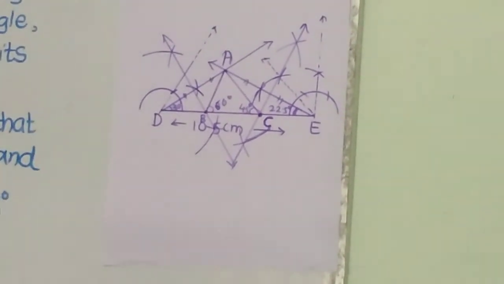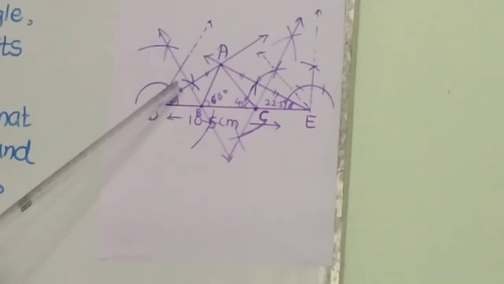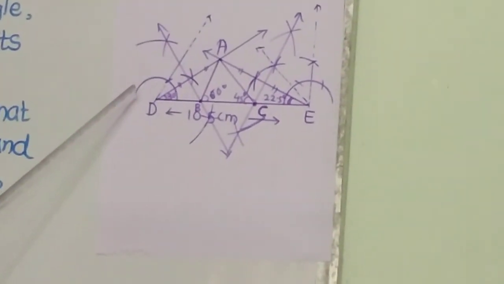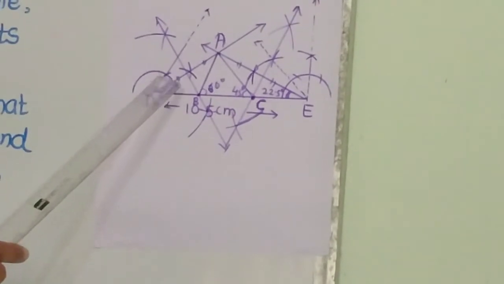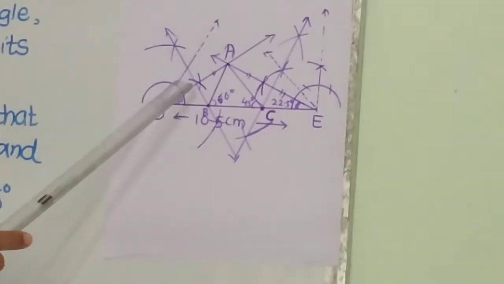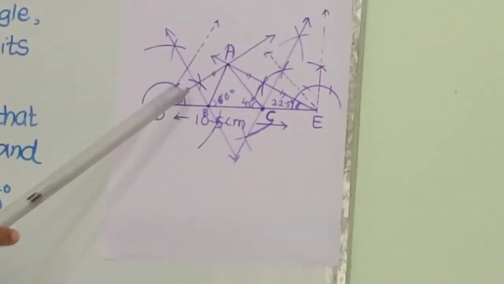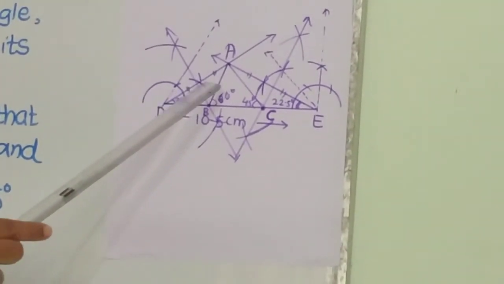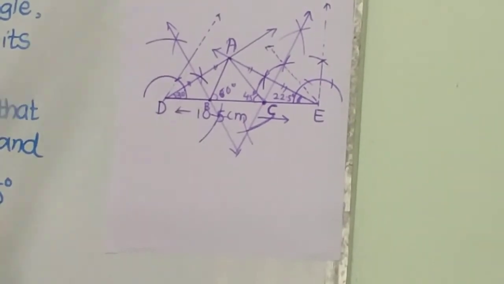For that, first what do I do? I draw one semicircle. The first arc is of 60 degree, and we draw the angle bisector of 60 degree, which gives the required angle, that is 30 degree.